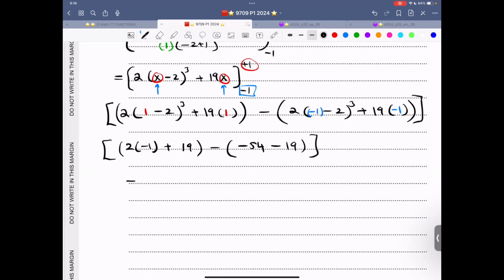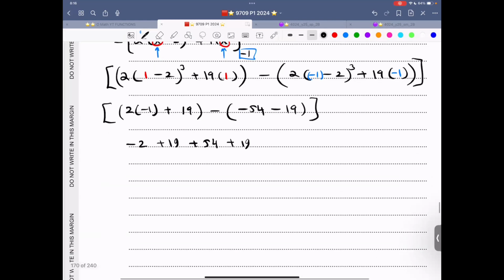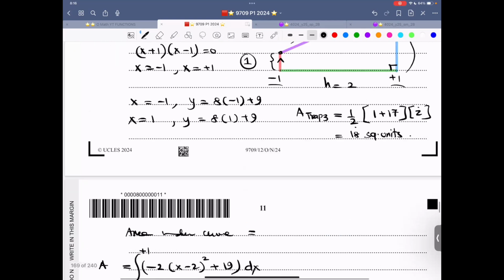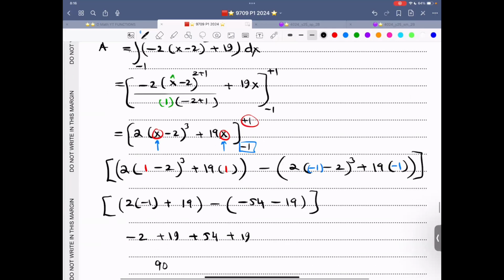So this is minus 2 plus 19 plus 54 plus 19. Okay, how much is that? So let me grab my calculator. So that is 54 plus 19 plus 19 minus 2. That comes out to be 90. This is 90 and this is 18.